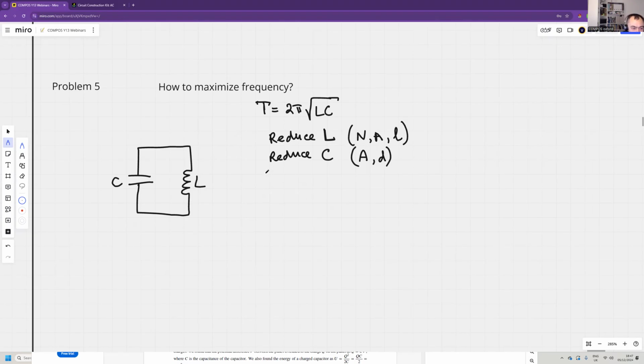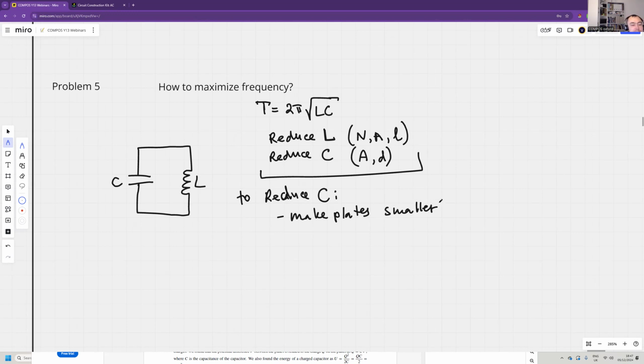So how do you reduce C? To reduce C, make plates smaller. Secondly, move them further apart.